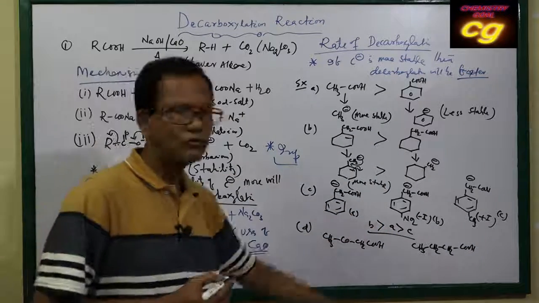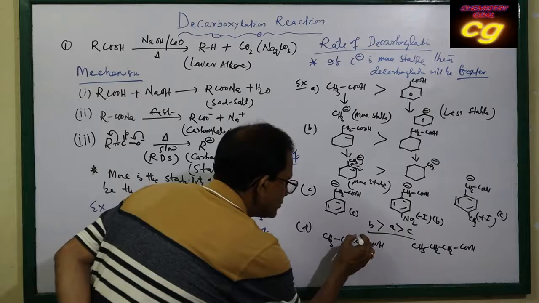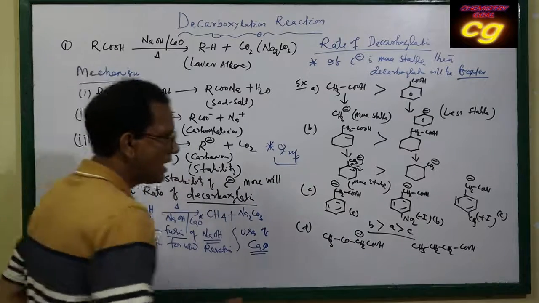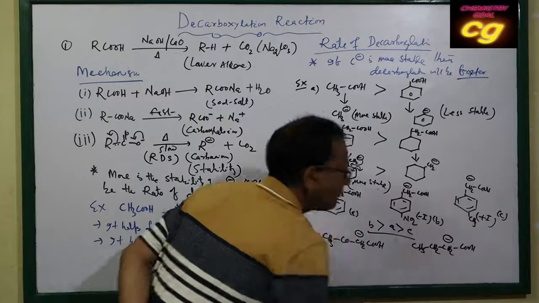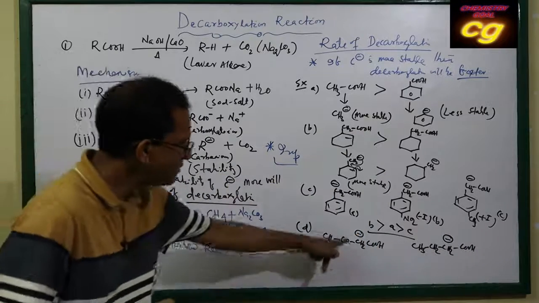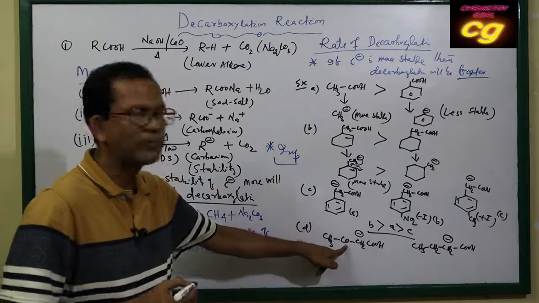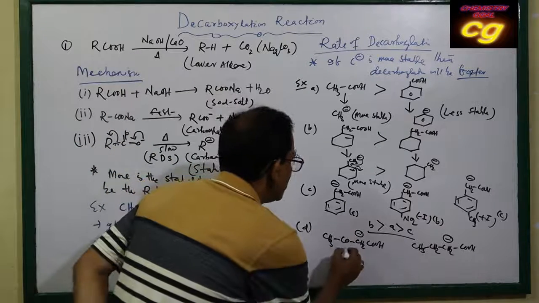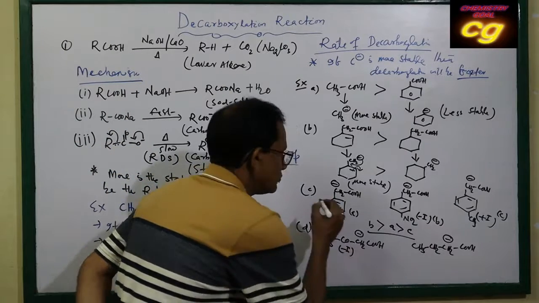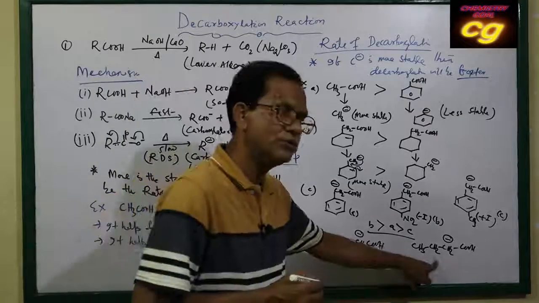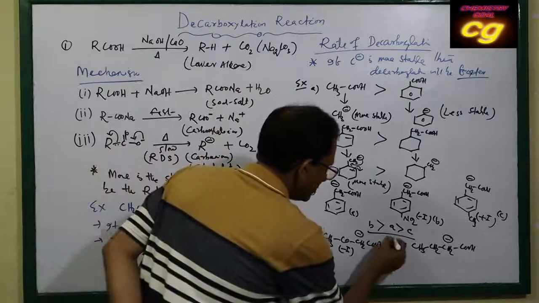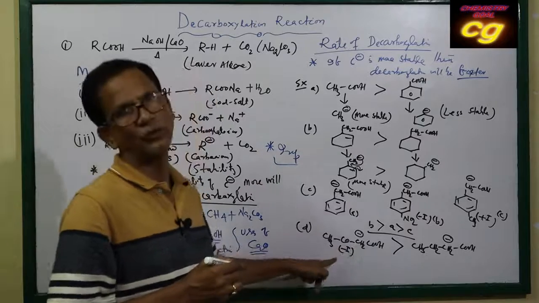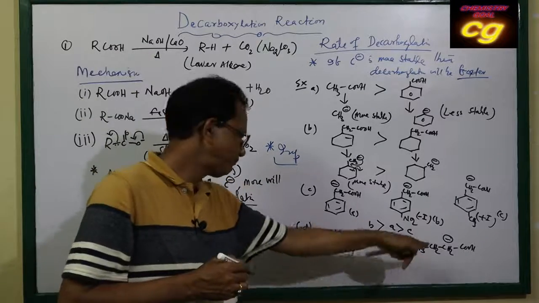Here, at this position, the minus charge will form during decarboxylation, and here also the minus charge will form. Here, this minus charge is stabilized by the CO group, the keto group, which has a minus effect. So stability is more compared to this one. That's why decarboxylation is faster in the case of this keto group compared to the second.